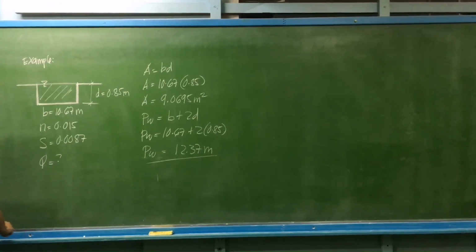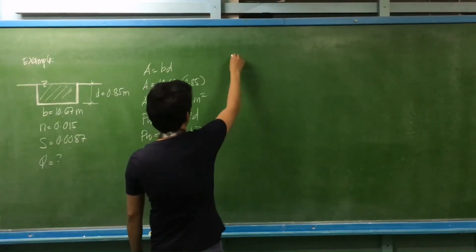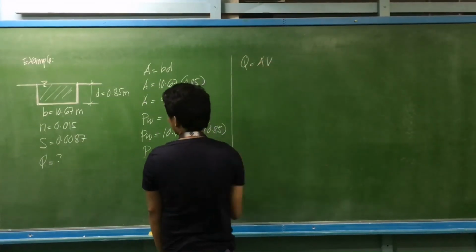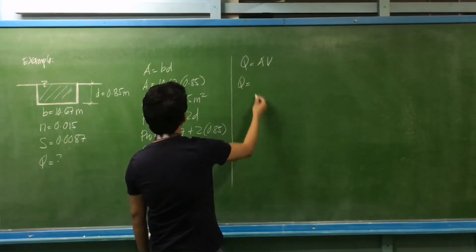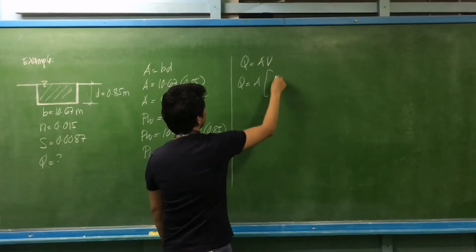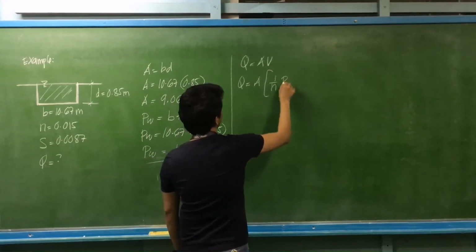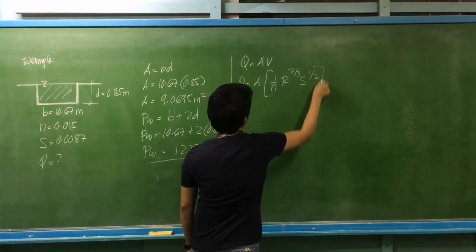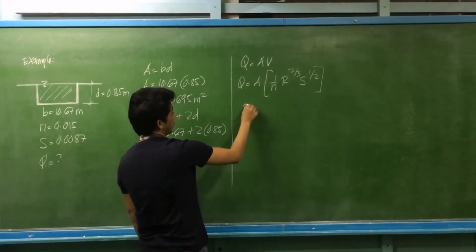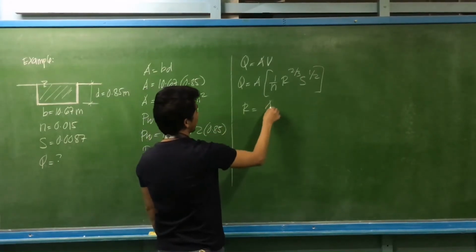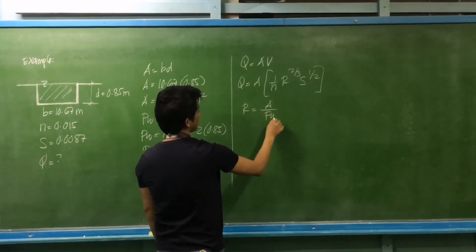Now let's compute the discharge. The discharge is equal to area times velocity, so the area multiplied by 1 over the roughness coefficient, hydraulic radius raised to 2/3, and the hydraulic slope S raised to 1/2. The hydraulic radius is the area divided by the wetted perimeter.